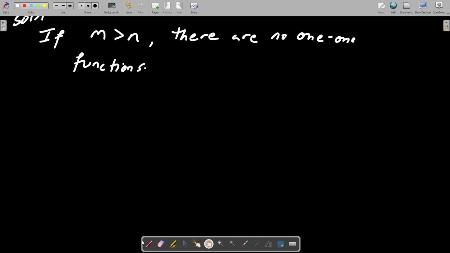So assume that n is greater than or equal to m.